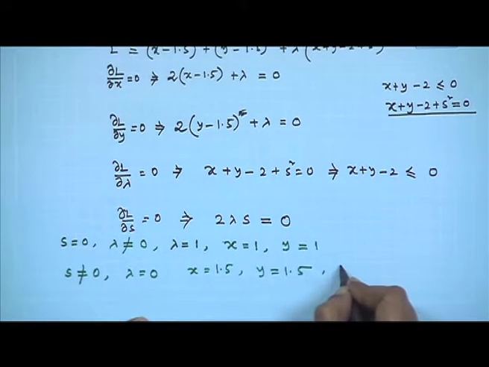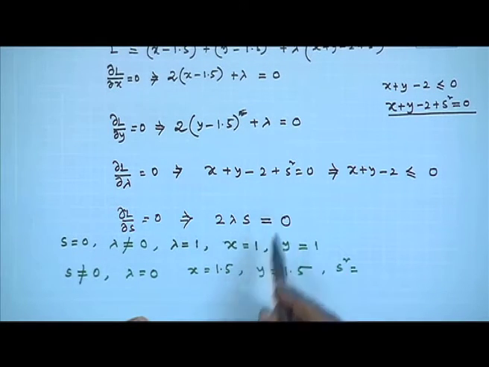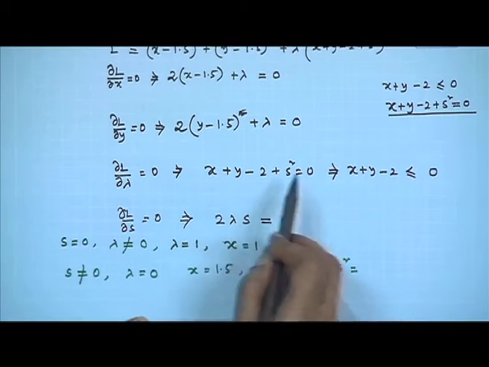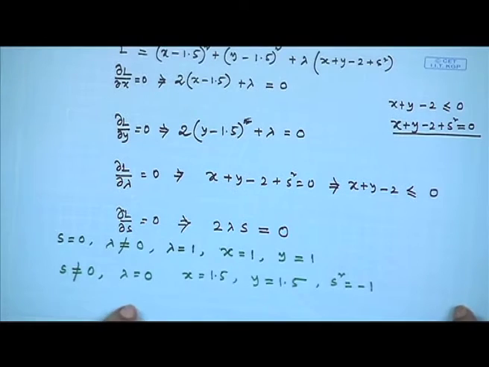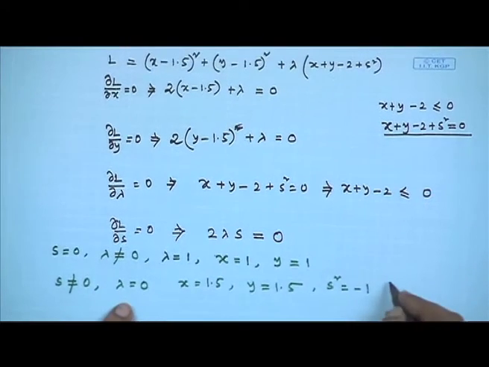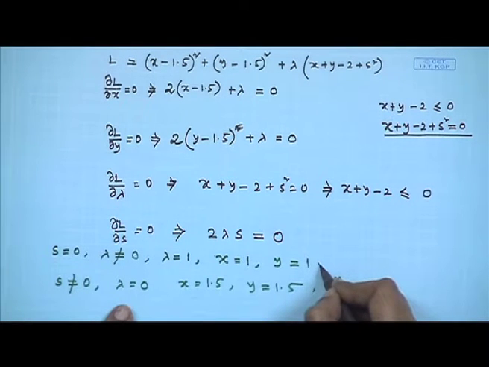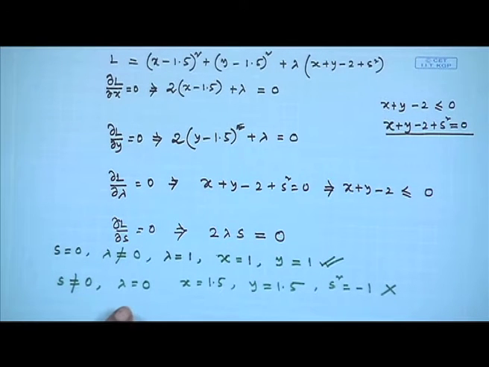We will get the value of s square, substituting, 3 minus 2, s square is equal to minus 1. Now, from here we can say that this is not a feasible point, because s square must be positive as we know. Then the only optimal solution is this one, x equal to 1 and y equal to 1.